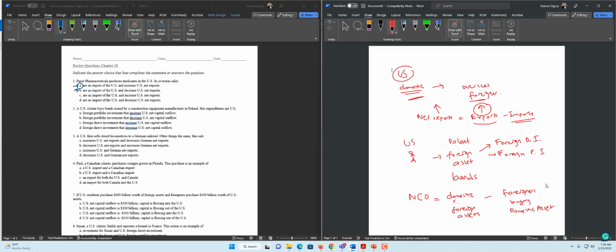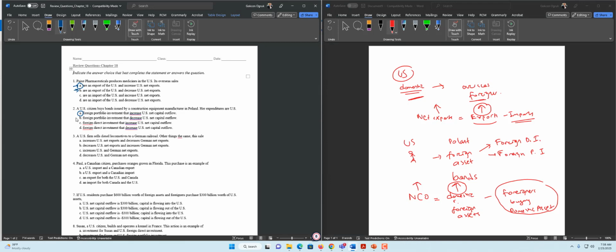So we don't see any change in this part, because this lady is a domestic resident. Therefore, this part increases. If this part increases, because of equality, NCO increases as well. So the correct answer should be foreign portfolio investment increases US net capital outflow.